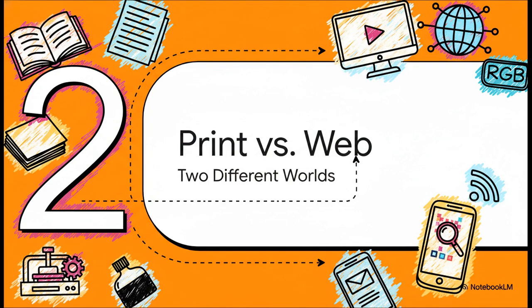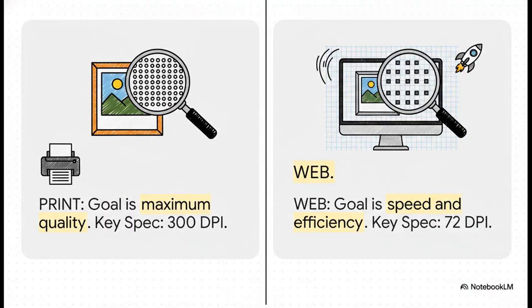So what's the solution? Well, the trick is to stop thinking of it as one world. You're actually dealing with two totally different worlds, and each one has its own set of rules and its own needs. You've got the world of print, and you've got the world of the web. Let's really break that down. When you're dealing with print, the only thing that matters is pure, perfect quality.